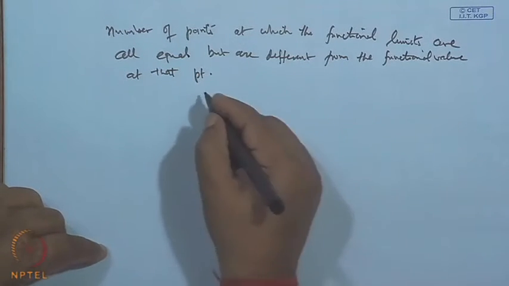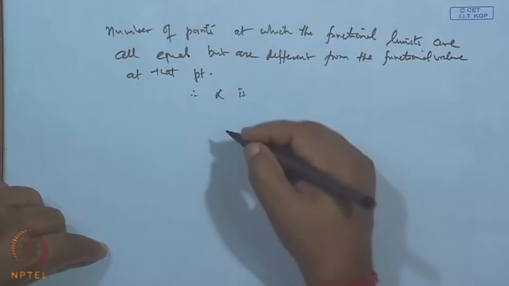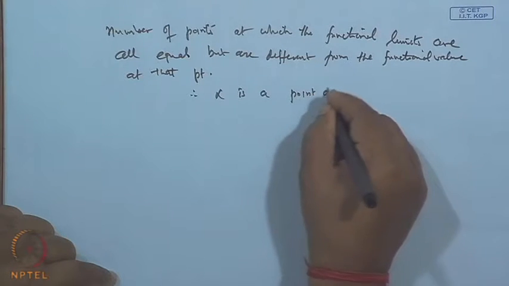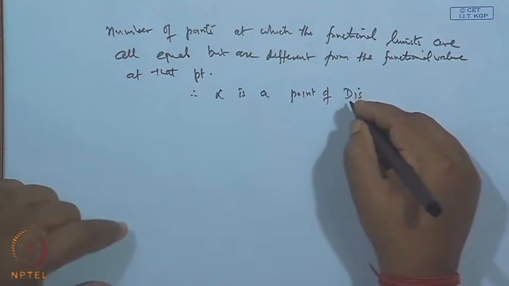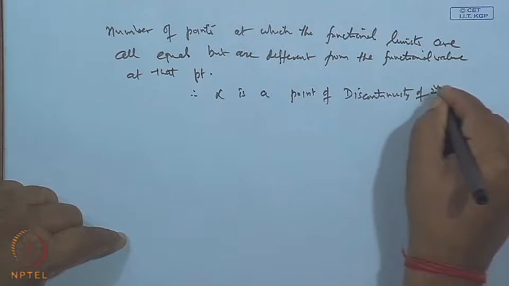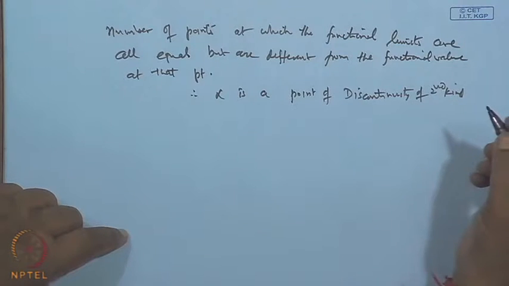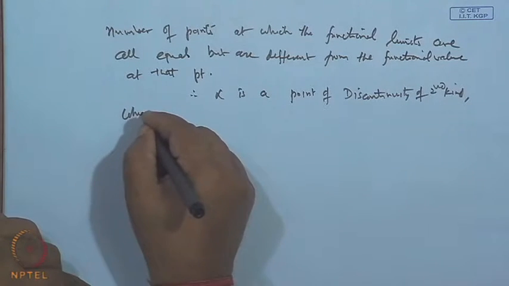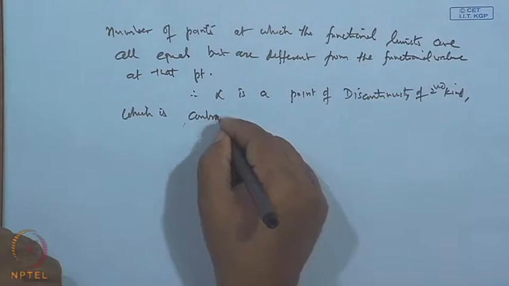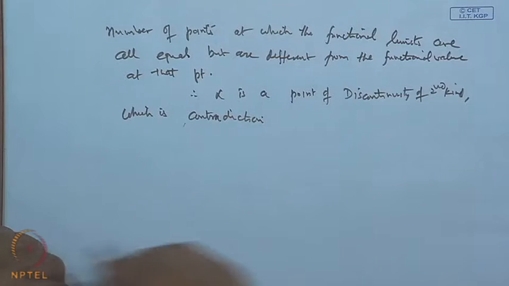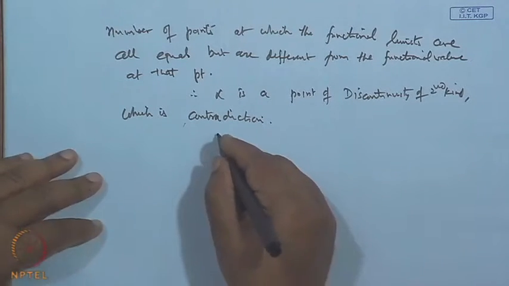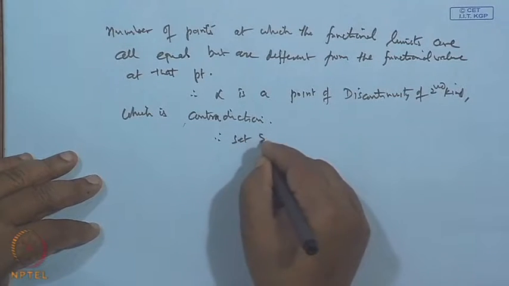Therefore, alpha is a point of discontinuity of the second kind, which is a contradiction, because we have assumed alpha as a removable discontinuity point. Therefore, our assumption is wrong. So, the set S is countable.